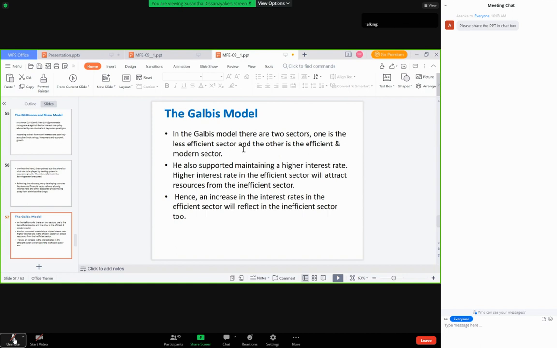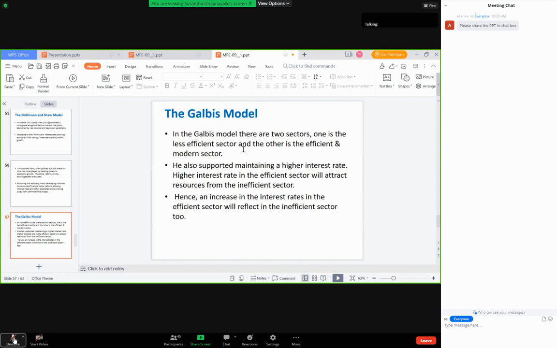Then the next point: hence an increase in the interest rate in the efficient sector will be reflected in the inefficient sector too. Means if the efficient sector increases to a 10% interest rate, then all the inefficient sector, which has 5%, is also going to invest at 10% in the efficient sector.